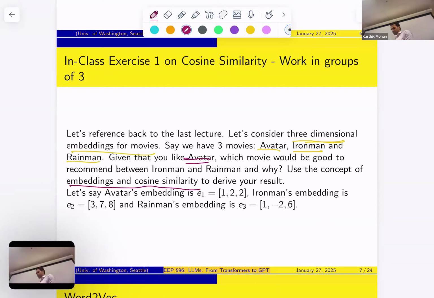So basically, this is Avatar's vector, this is Iron Man's vector, and this is Rain Man's vector. So given that you have these vectors, which would you prefer between Rain Man and Iron Man as a recommendation for this user? Okay. So maybe take like 5 minutes and you can just work in groups and we'll catch up.